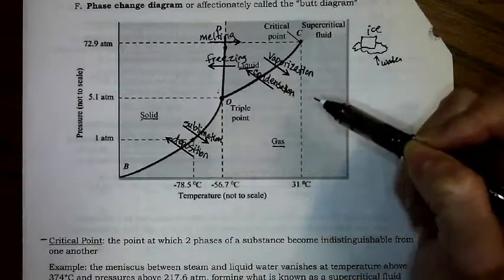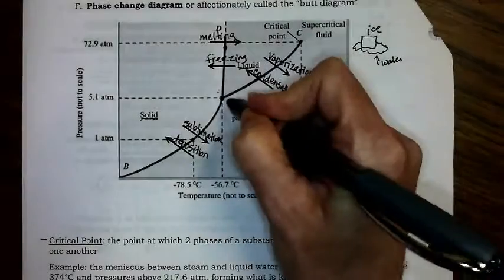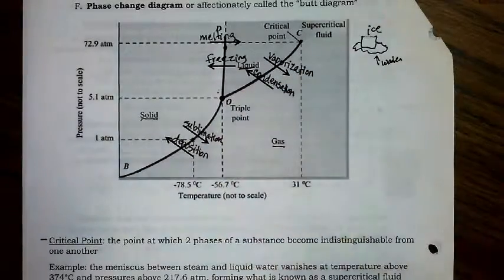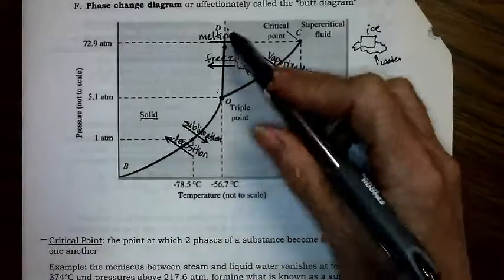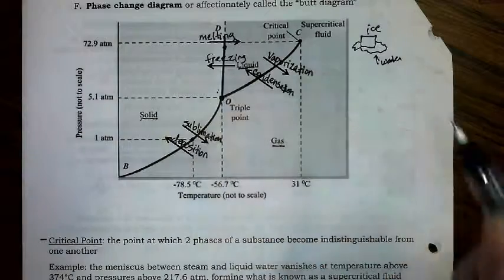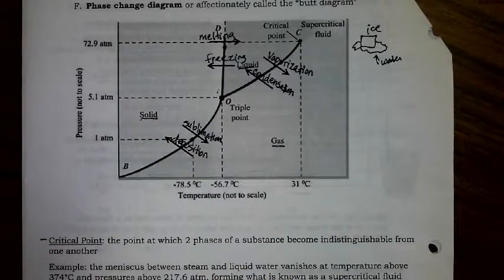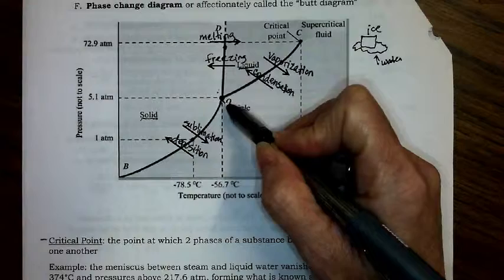So let's look at the critical point, which is listed here, and then the triple point, which is right here in the center. The triple point is really interesting. Right here at the very center of the phase diagram, you have all 3 phases coming together. This is a very special point where all 3 phases can coexist at the same time. So you have a substance that is a solid and a liquid and a gas all at the same time.